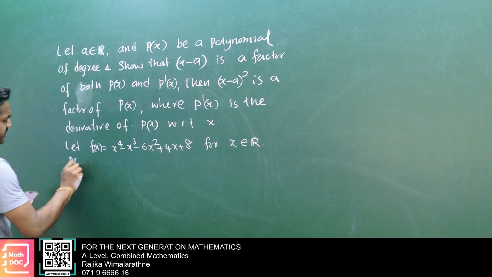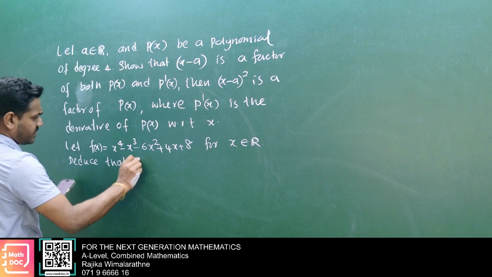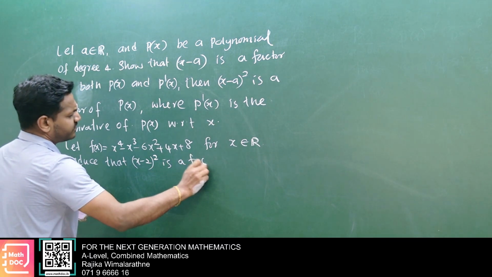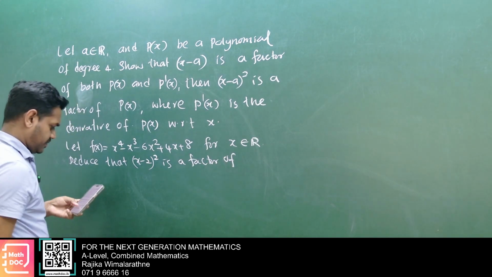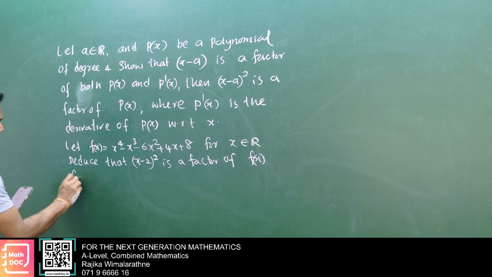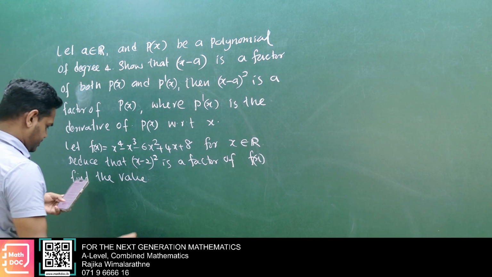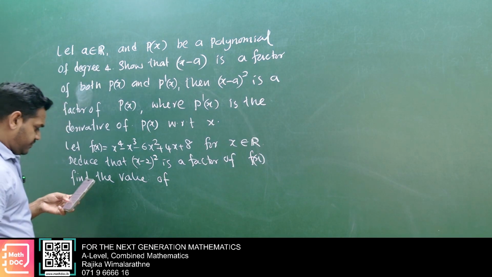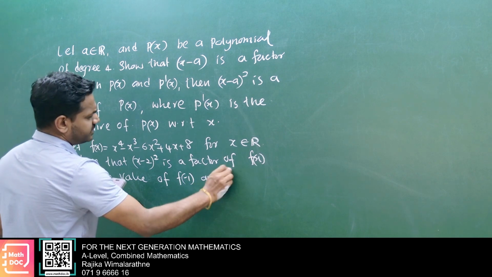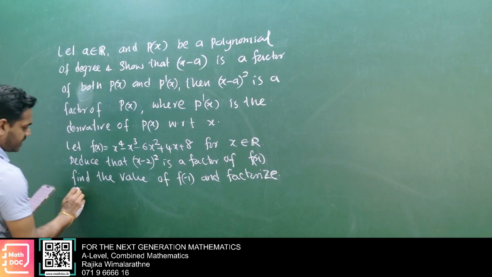Reduce that: (x minus 2) squared is a factor of f(x). Find the value of f(minus 1) and factorize f(x) completely.